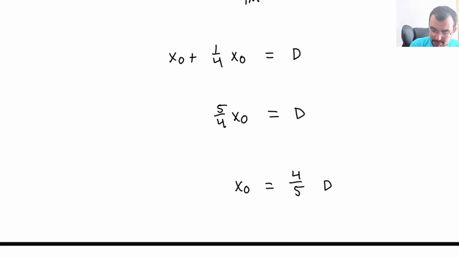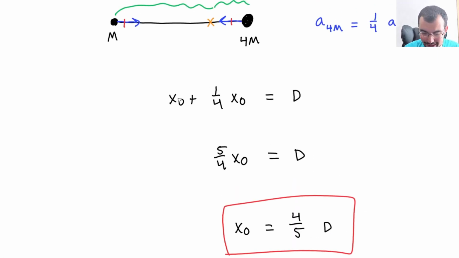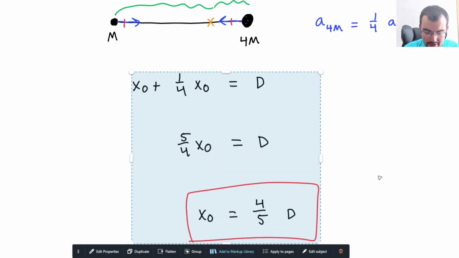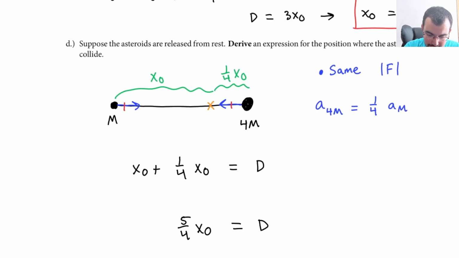And that should make sense because we end up 4 times closer to the starting point of the 4m mass. Now, this is a very special quantity for this system, which we'll discover is called the center of mass. And there is an easier way of getting this result. I honestly think I made a mistake and forgot I didn't do center of mass yet. So this was definitely a reach from me, but it's also some intuition as to where they should collide.